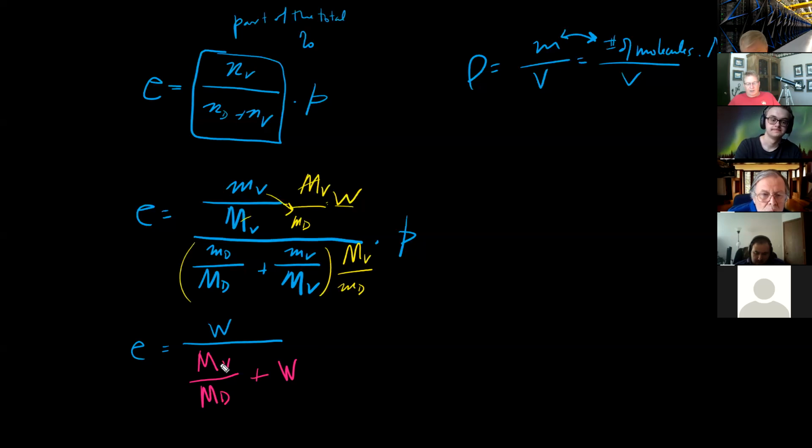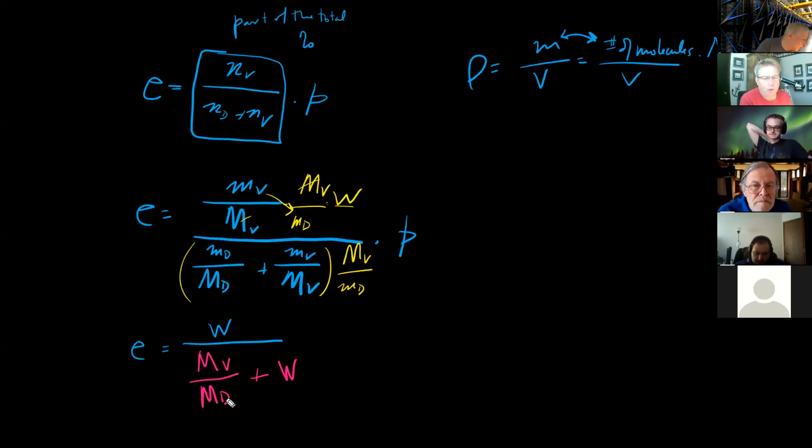But what is the molecular weight of vapor to molecular weight of dry air? Go back to the page that we left before. It's that epsilon, 0.622.